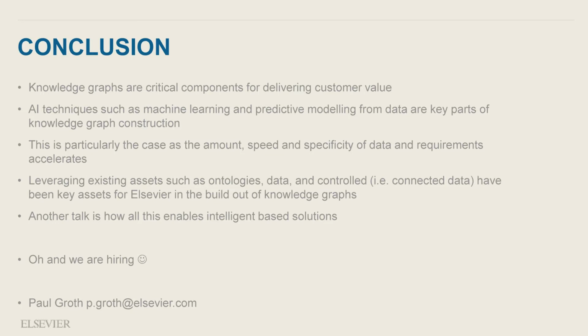I think AI techniques such as ML and predictive modeling from data are key parts to building knowledge graphs faster. And I think this notion of using intelligence to build these things is really key as we get more specificity in our requirements. I want detailed data, but also as the pace of change increases.